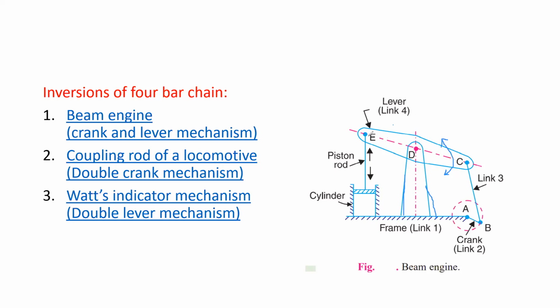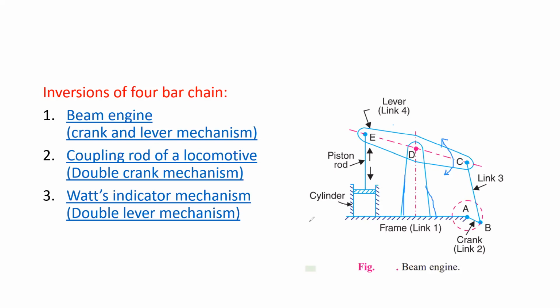have added further links, like this piston rod is added here, okay, to which piston is connected, and this piston will reciprocate in the cylinder, okay. So here when it will oscillate like this, this piston rod will reciprocate in the cylinder, and then you can use this motion as a pump.